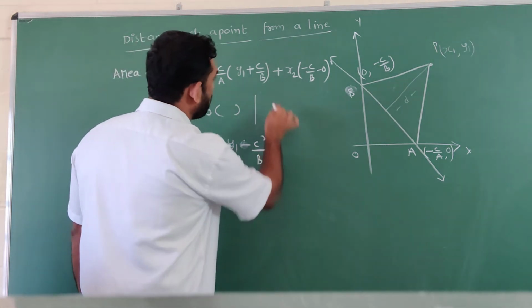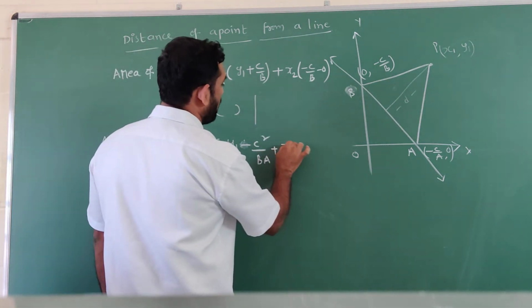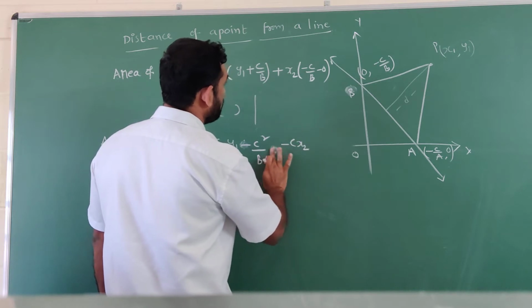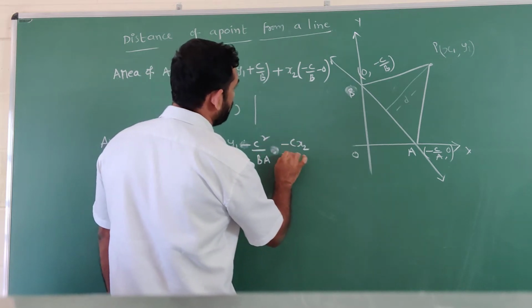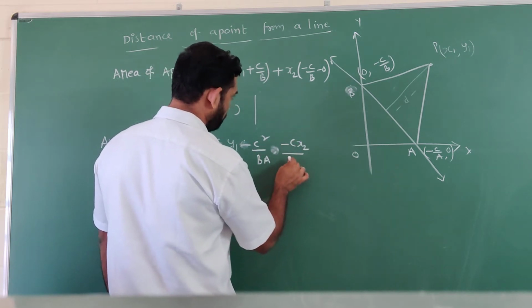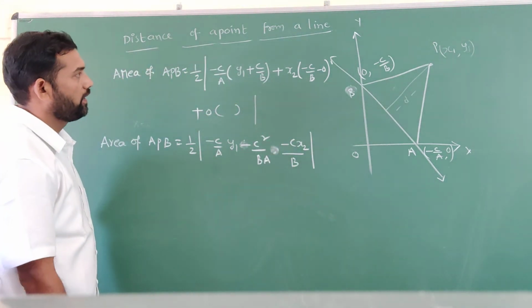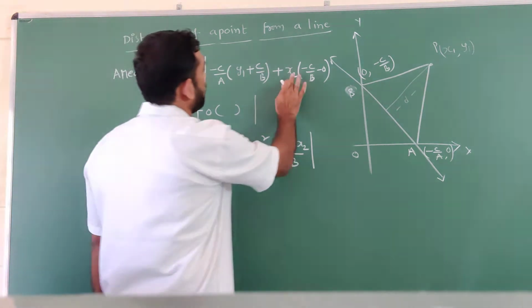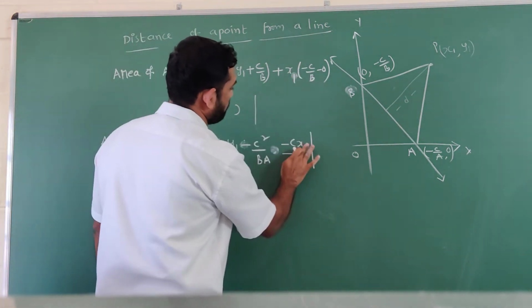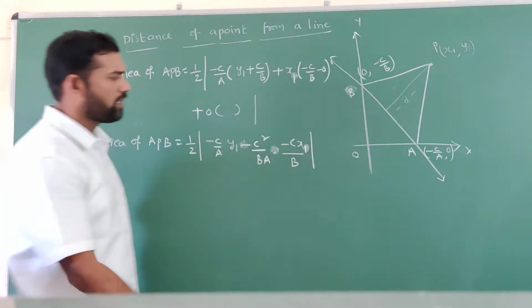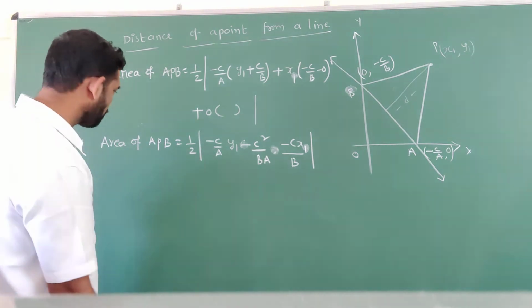Next, these two multiplied, minus x1 divided by B. The last value is 0.